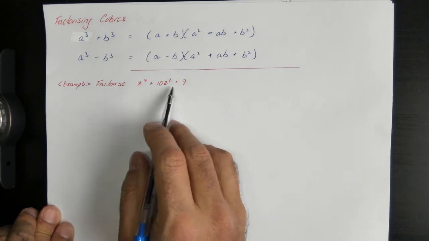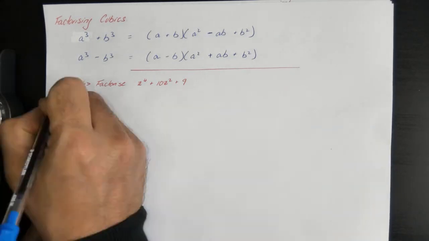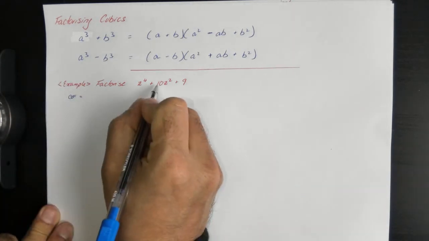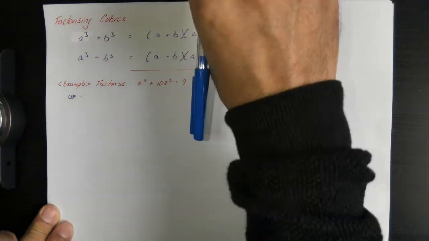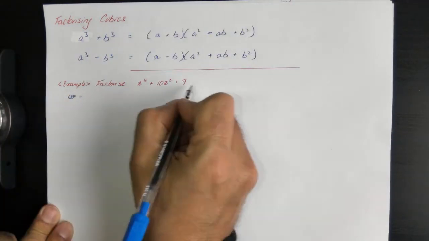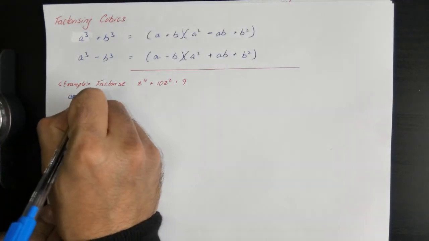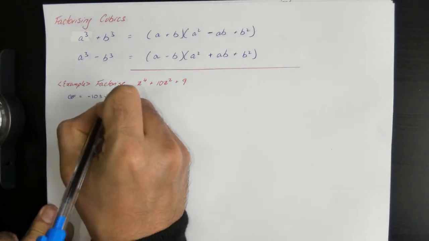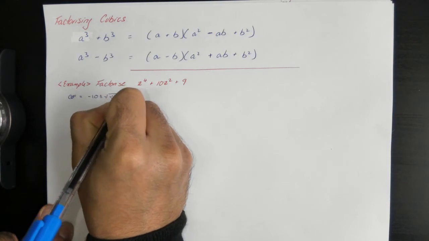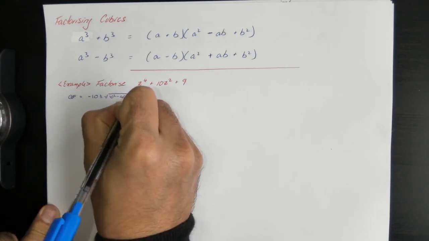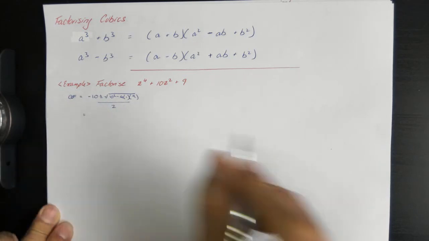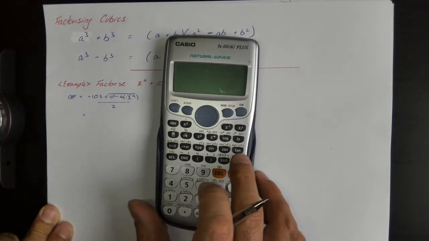Because it's to the power of 4, I can use the quadratic formula. So I'm going to have minus 10 plus or minus the square root of 10 squared minus 4ac, over 2a.